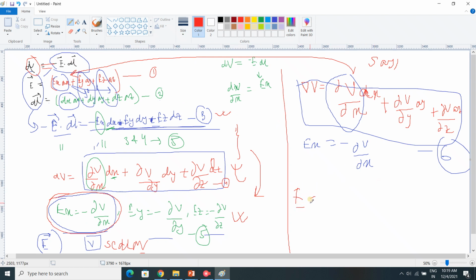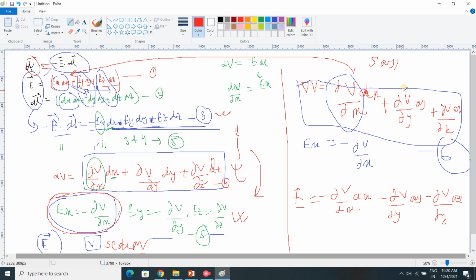Because if they are equal, then I can write that E is nothing but Ex unit vector x plus Ey unit vector y plus Ez unit vector z. In place of that, I will write minus ∂v/∂x unit vector x, minus ∂v/∂y unit vector y, minus ∂v/∂z unit vector z.